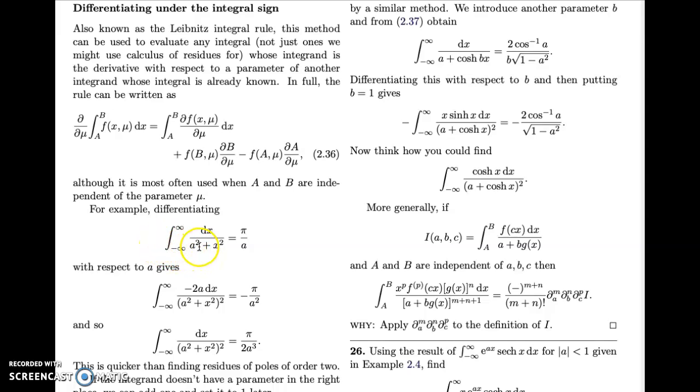We're going to differentiate this thing with respect to a and get minus pi over a squared, and then we're going to differentiate with respect to a, but we're going to swap the order of differentiation and integration. So we're actually going to differentiate this before we integrate. And so in other words, we're differentiating 1 over a squared plus x squared, which gives us this, and this is valid. This is a true statement.